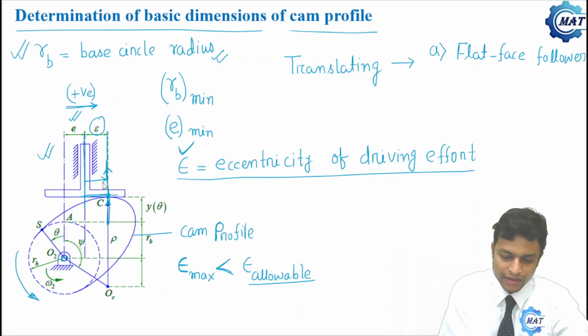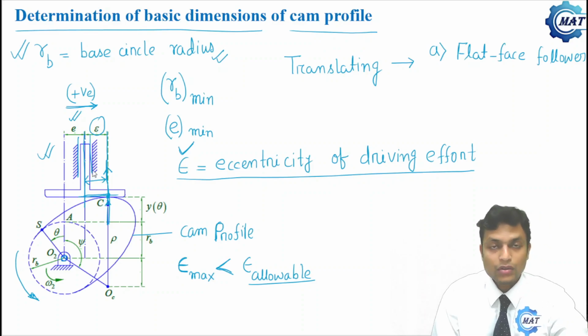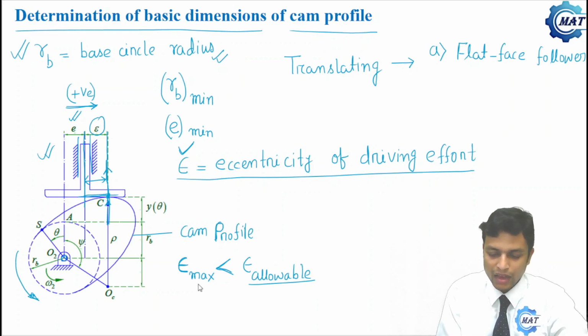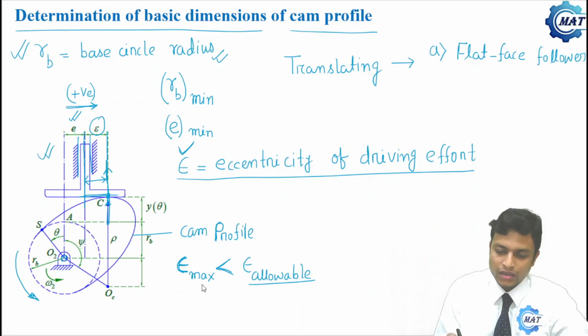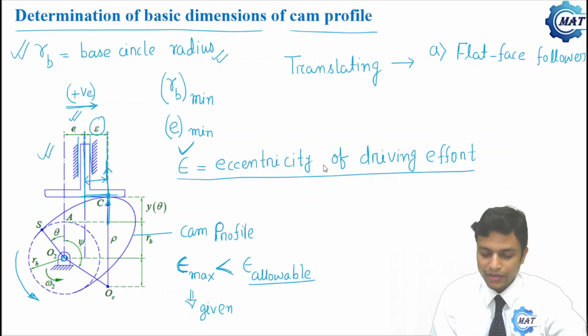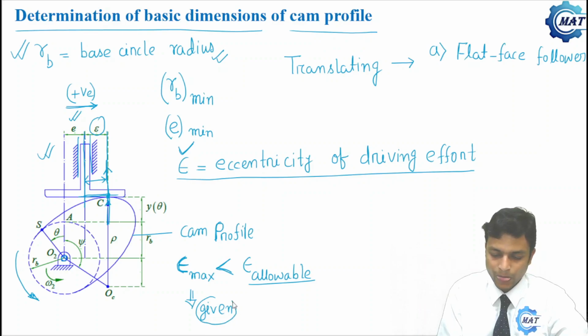This will create a moment on the follower, which will tend to rotate the follower within this guide, and that will cause jamming of the follower. So there is an allowable value of epsilon, that is epsilon max. This has to be prescribed and will be given here.